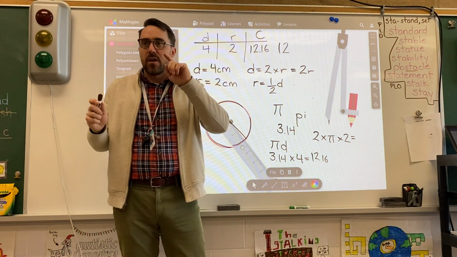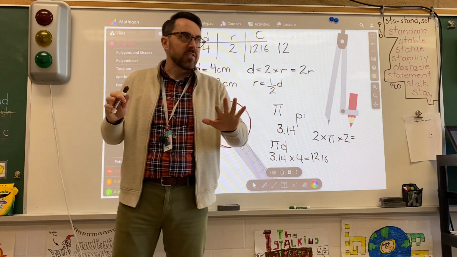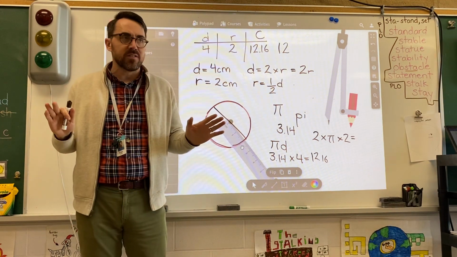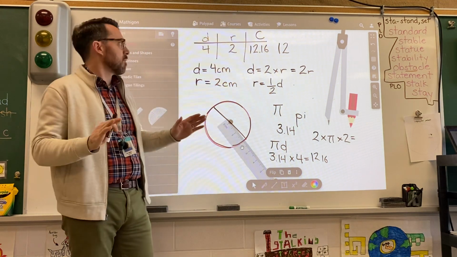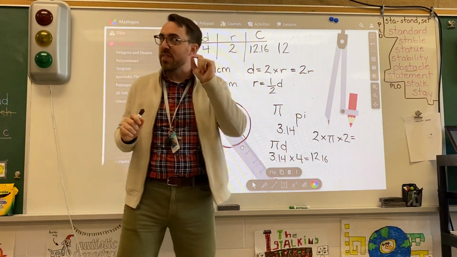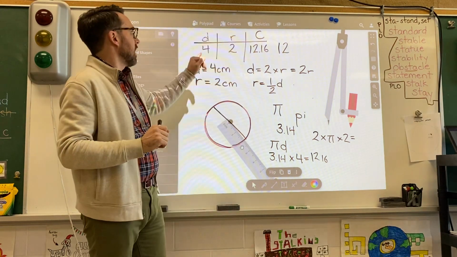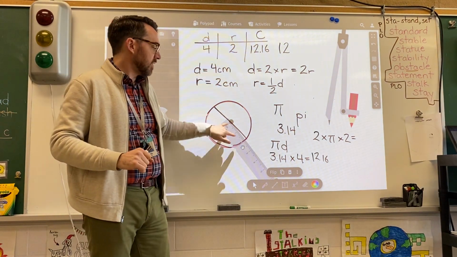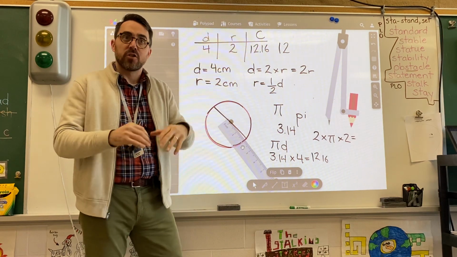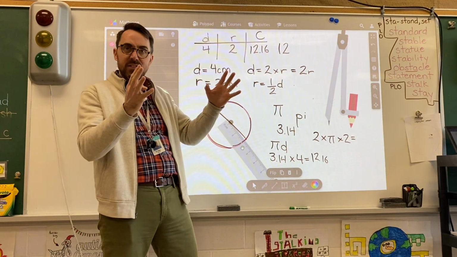Okay. Now you know, guys, pi is very important for calculating circumference of circles. And that is the relationship, right? Diameter, all the way across. Radius, halfway across. So diameter is 2 radiuses.